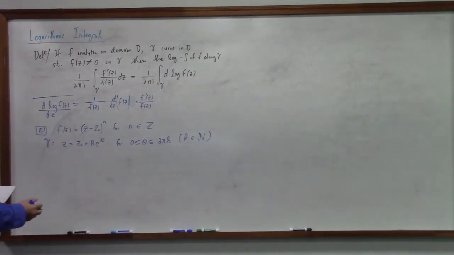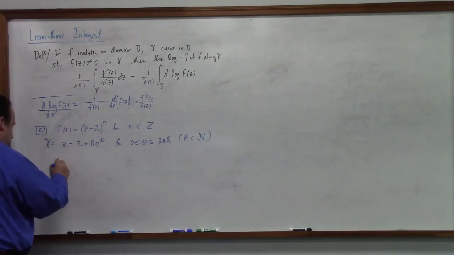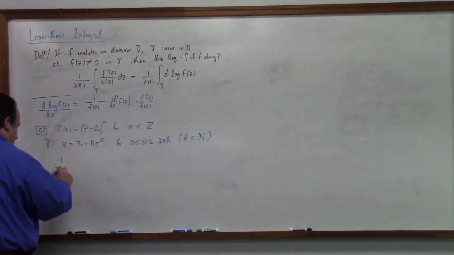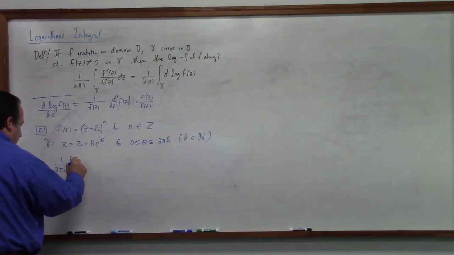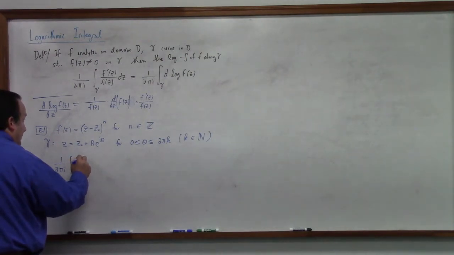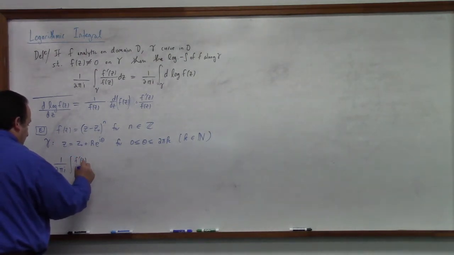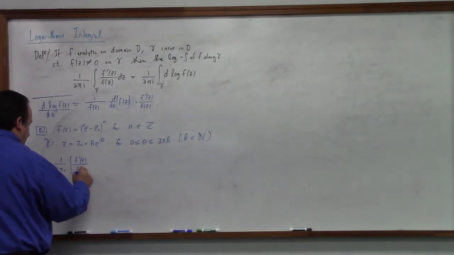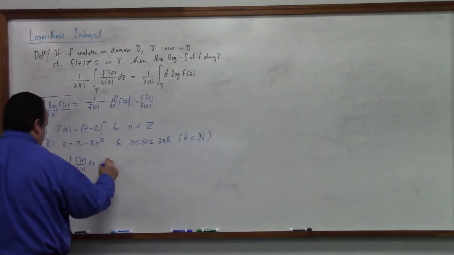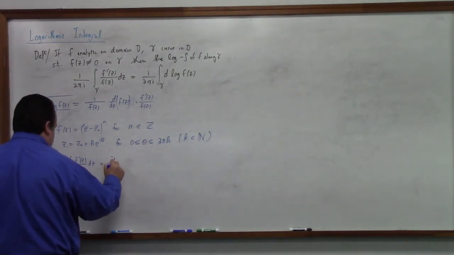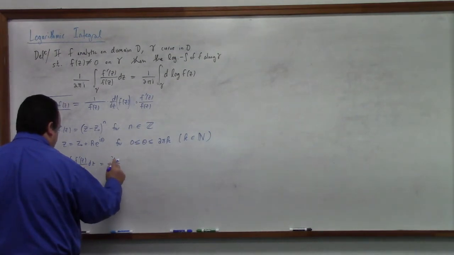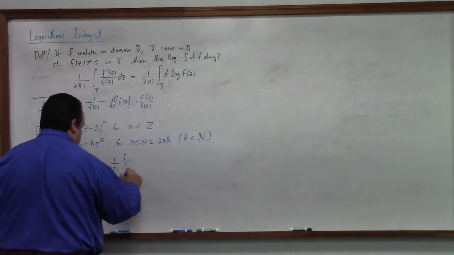All right, anyway. So what's the logarithmic integral of this function? 1 over 2 pi i times the integral of f prime of z over f of z, which is what? 1 over 2 pi i, integral from 0 to 2 pi k.